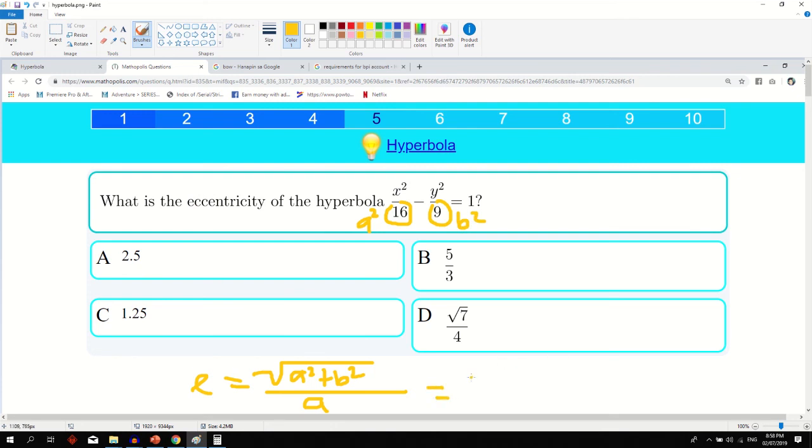Then it equals the square root of what? A squared is 16, plus 9, over what is the a squared? 4. You just square root that, so you will get 4. So this is 16, 9, and this is 4.